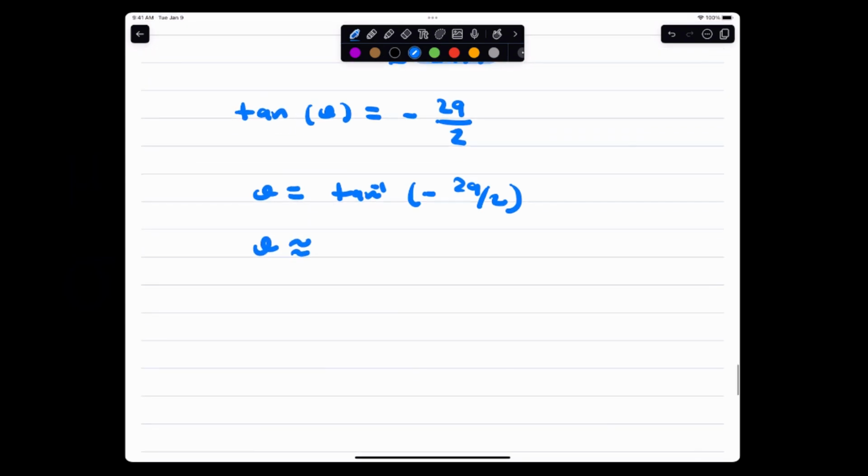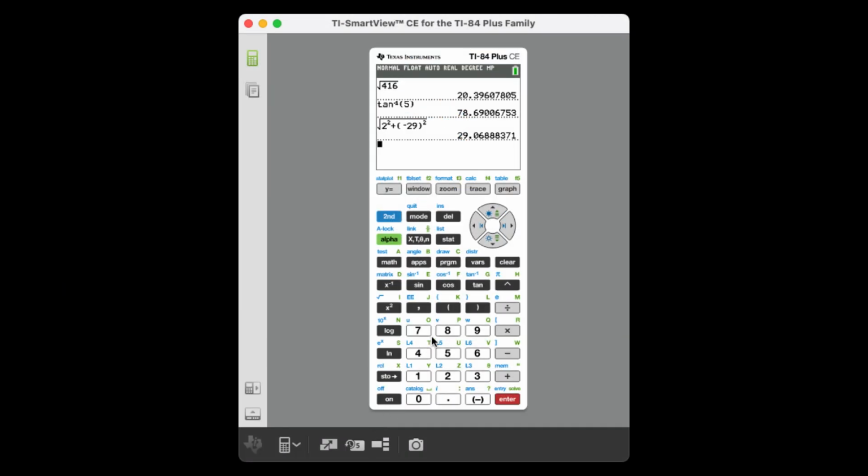All right, what's that going to be? Let's get out our calculator. Second, inverse tangent, negative 29 divided by 2 gives you what? To the nearest integer, is that negative 86 degrees? Did you guys see that there?